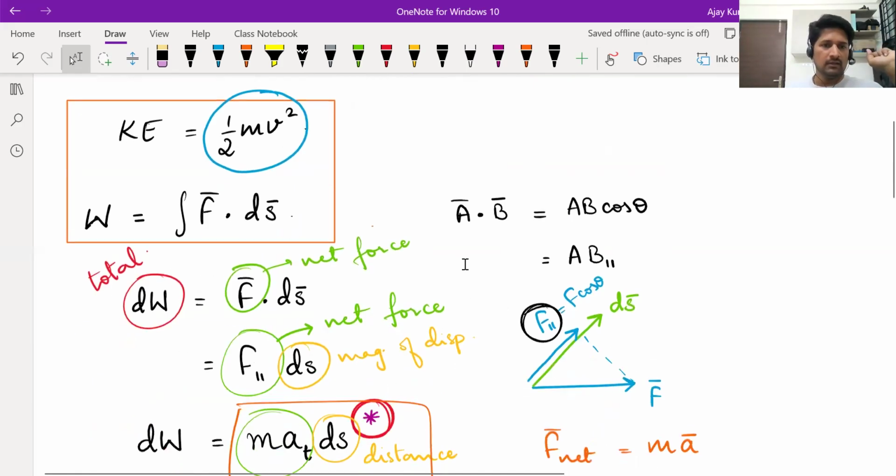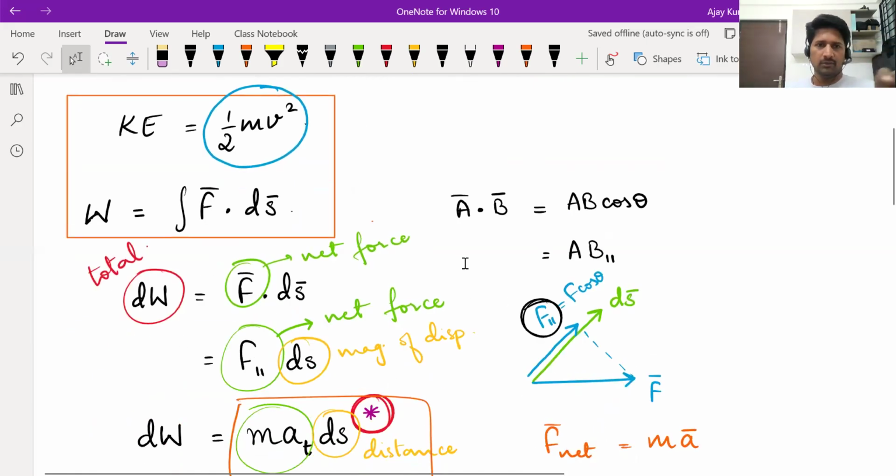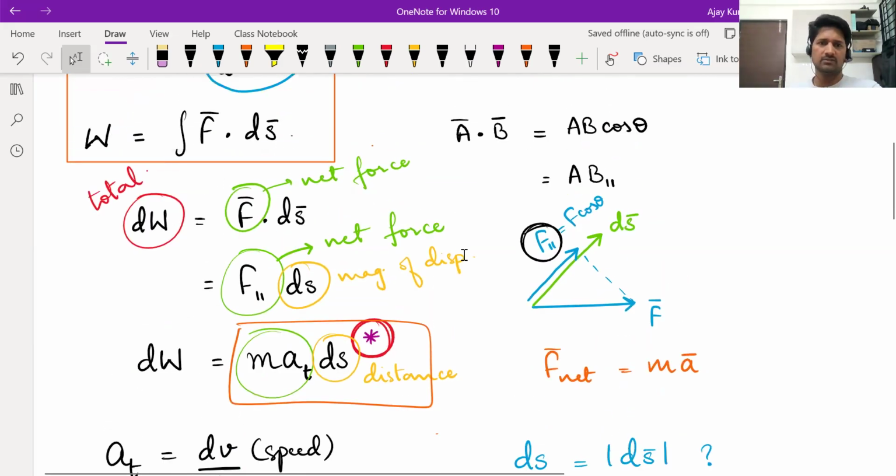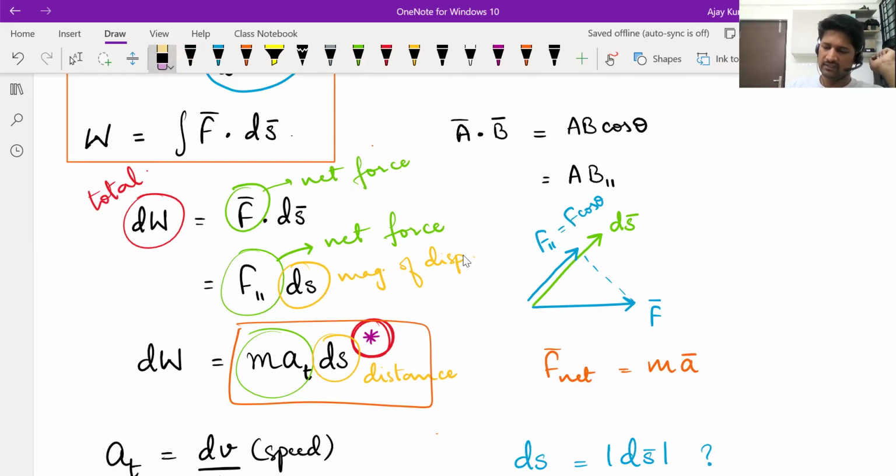So basic formula for work done, W is integral F dot ds. That's the work done in an entire displacement. But in a small displacement ds, you can write dW is F dot ds. Okay. F dot ds from the basic definition of dot product becomes F ds cos theta. F ds cos theta is nothing but the parallel force F cos theta multiplied with ds.